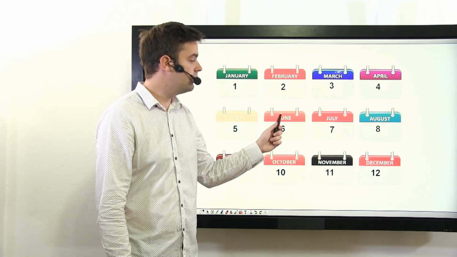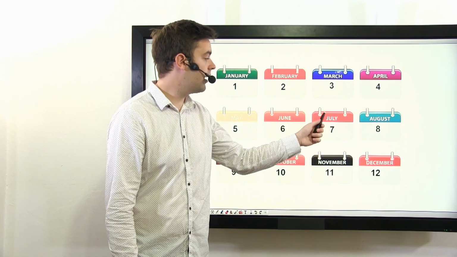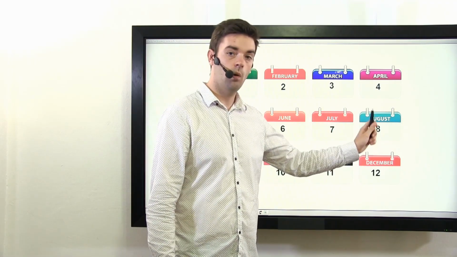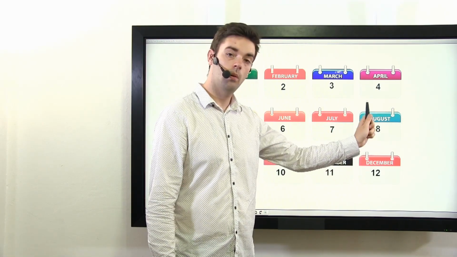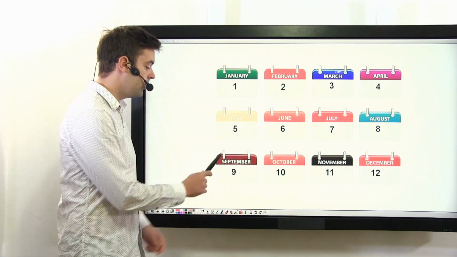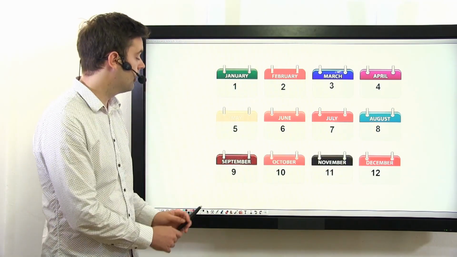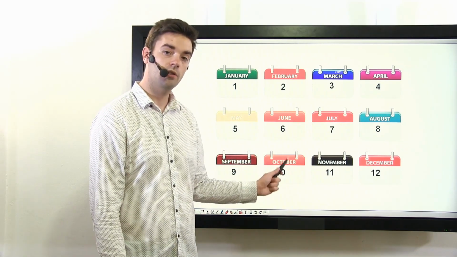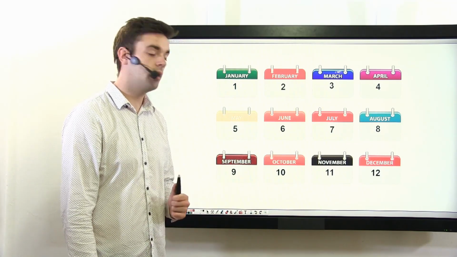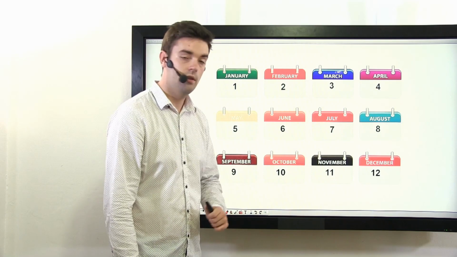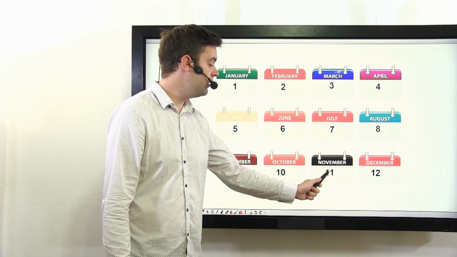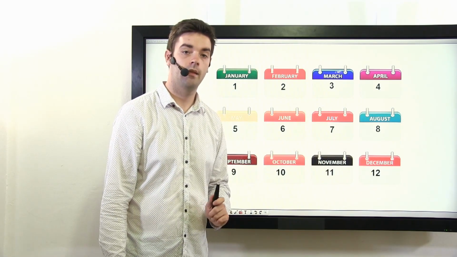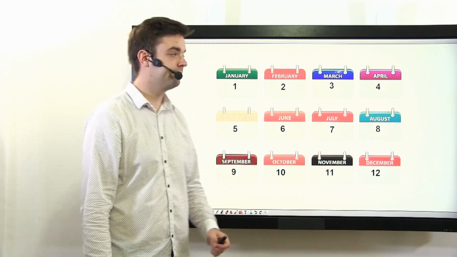Number 7, July. Number 8, August. Number 9, September. Number 10, October. Number 11, November. And number 12, December.